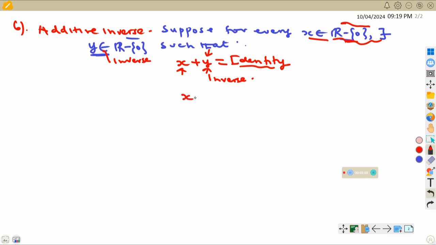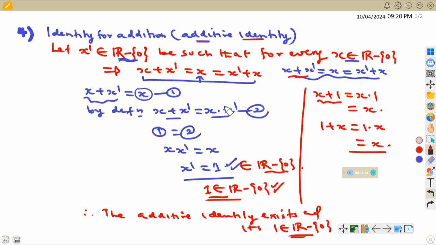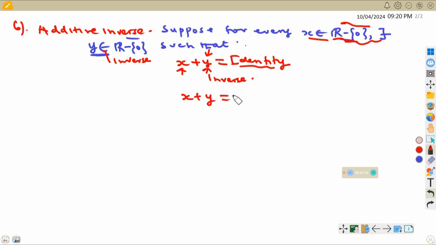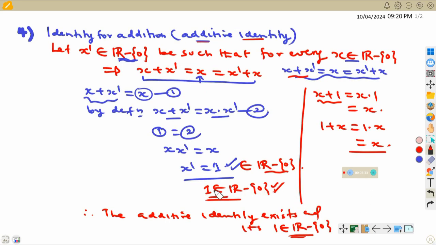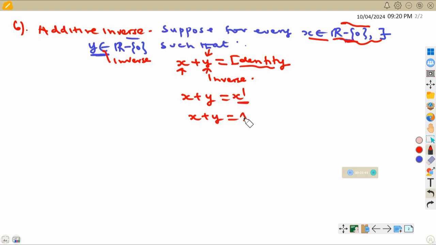So if x plus y is equal to our identity, which we had let be x prime, and we already know x prime is 1, then we are saying that x plus y is equal to 1. Remember, our identity here, we got it as 1. So we can substitute x prime with 1.